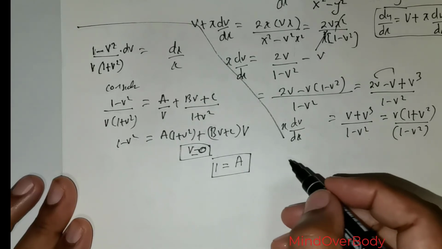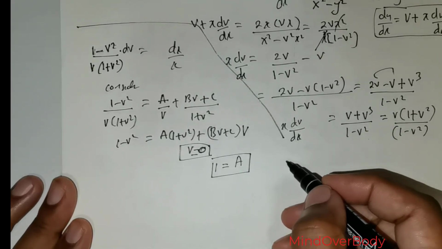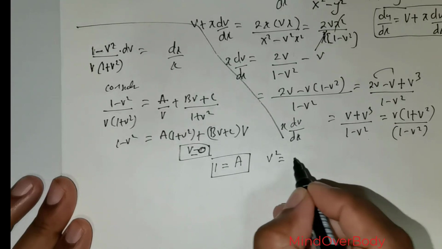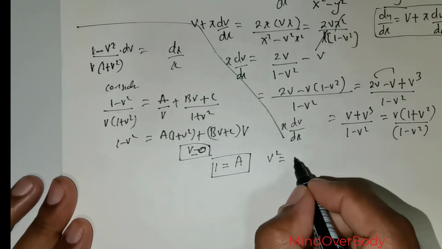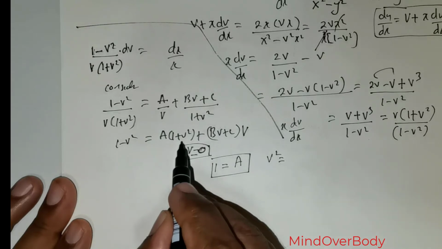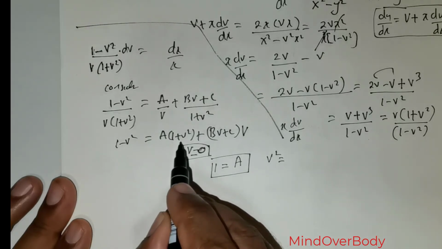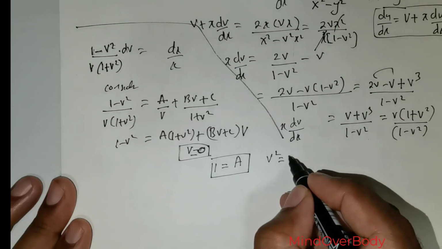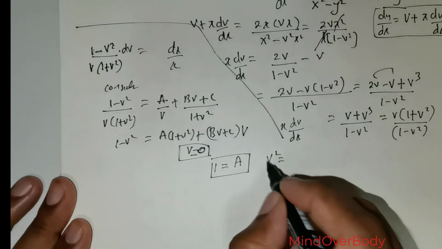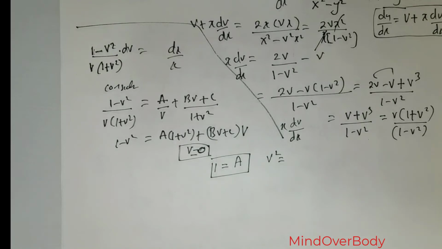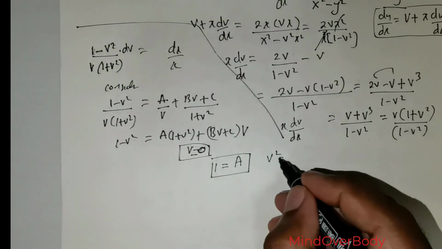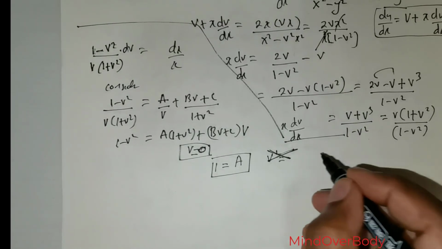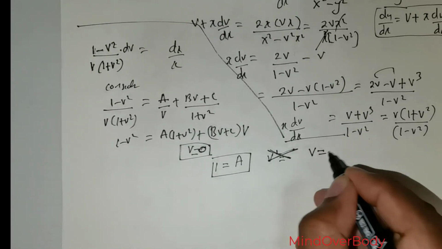That's fine. Now the next case is I have to take v squared is equal to -1. So that will create an issue for me. If I were to take v squared is equal to -1, it will become a complex quantity. So I have to avoid that. To avoid that, I will just take v is equal to 1.